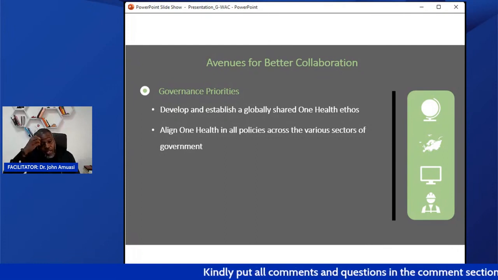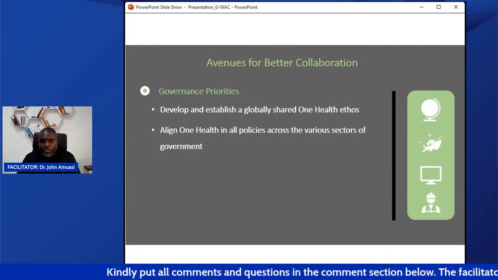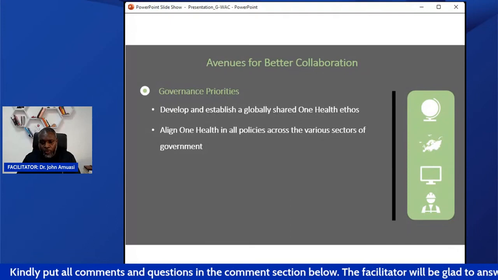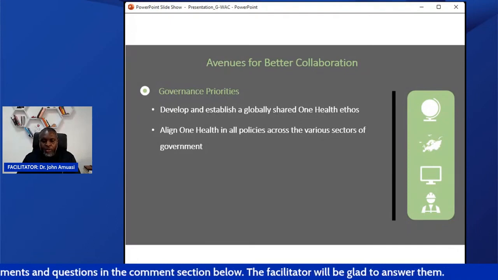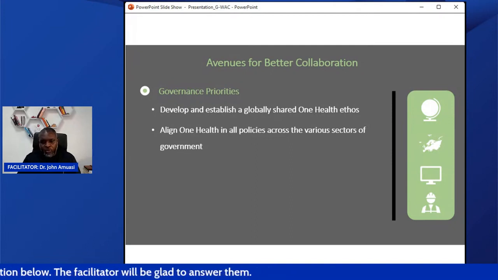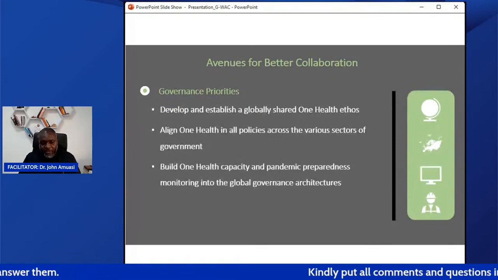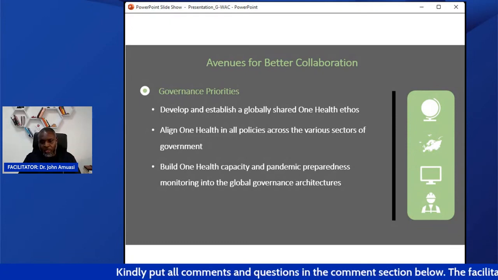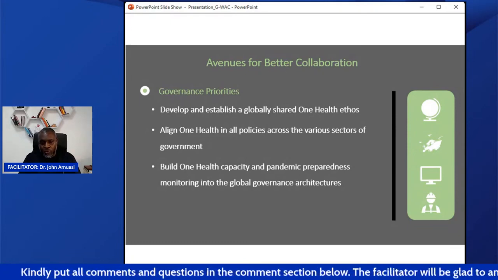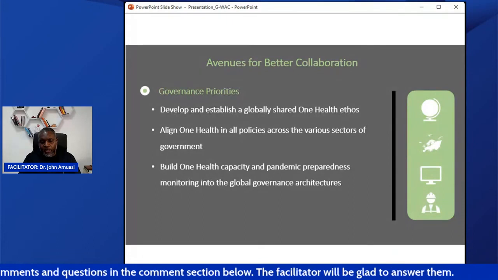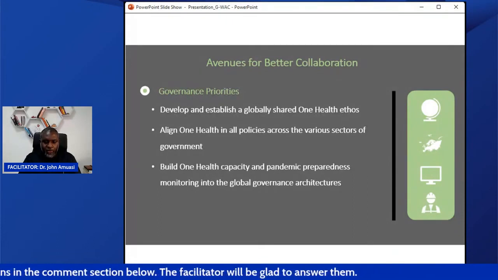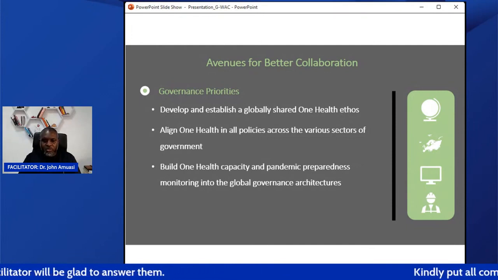And I mentioned earlier that being able to establish a globally shared ethos around One Health is critical. And this is why I spoke about the need for us to coalesce around this definition of One Health, which we may have differences or some disagreement about, but it is so critical, I re-emphasize this again, that we do coalesce around this One Health High-Level Expert Panel definition of One Health because it is critical to our success.